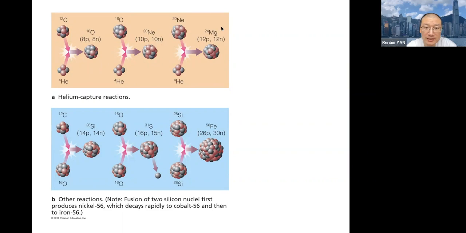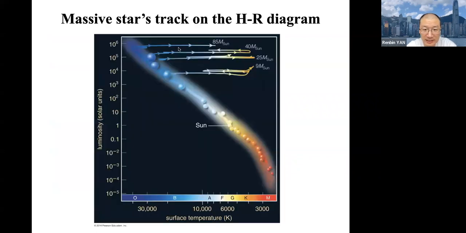So you can see that all these elements that are basically multiples of the helium nuclei can all be formed in the center of the stars. And when you have carbon meeting oxygen, you can also form silicon, and oxygen meeting oxygen, you can form sulfur, and when silicon comes together, they can form iron. So all these nuclear fusion processes will go on in the center of the star.